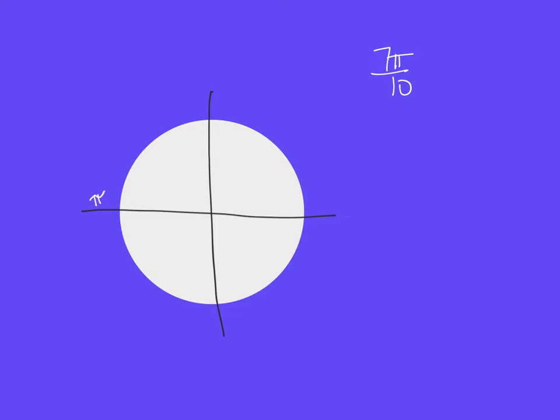So in this case, I'm going to change that pi to be 10 pi over 10, right? Because that's still pi. So if this spot over here is 10 pi over 10, this spot right here has to be half of that, or 5 pi over 10, right? And that reduces to pi over 2, which is what you're used to on the unit circle.